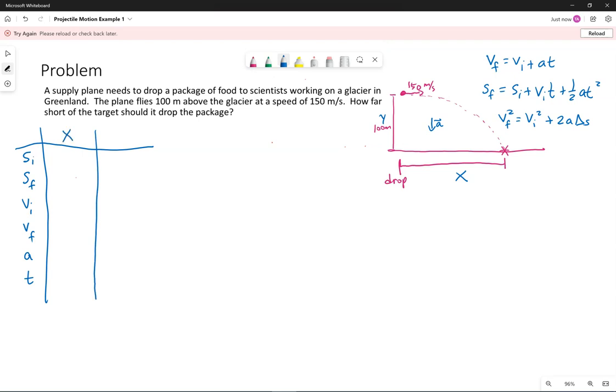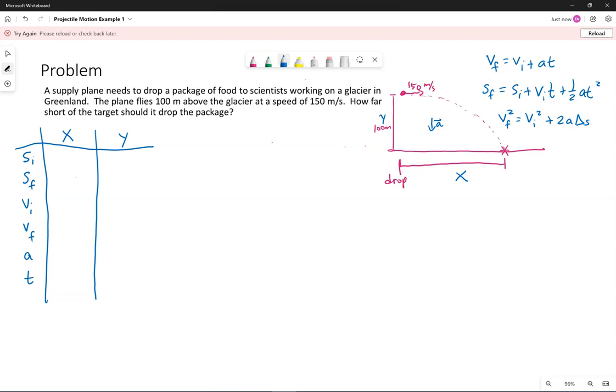But again, because the motion is not a straight line, that's what we mean by two-dimensional motion. The trajectory of this package is not a straight line. That's how we know we need to break it into x and y components. So writing out our variables can help set up our equations.